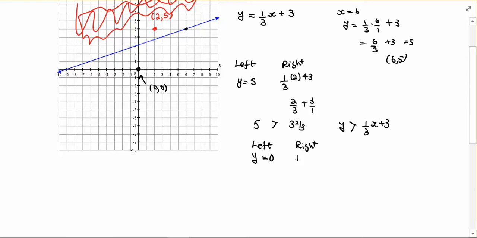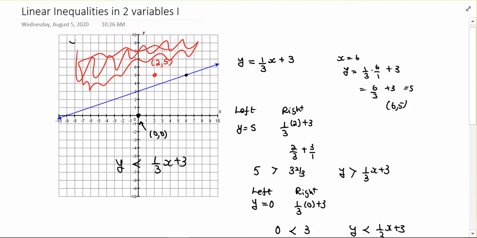We have 1/3 times 0 plus 3, so it's 0 plus 3, so that's 3, and 0, and clearly y is less. So in this side, y is less than 1/3 x plus 3. So over here we say y is less than 1/3 x plus 3, and on this one we would say y is greater than 1/3 x plus 3.